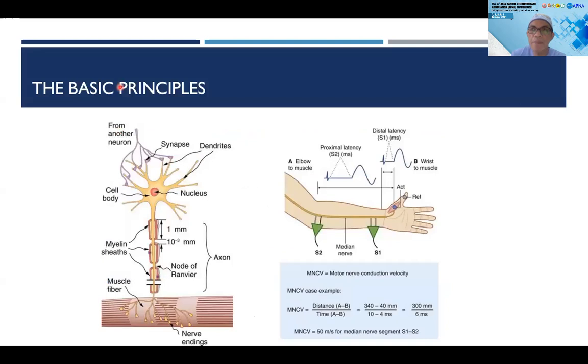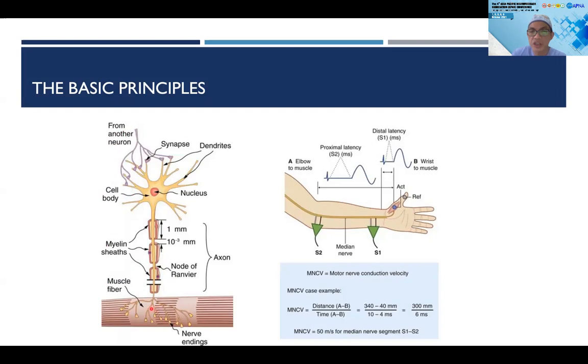This is the basic principle of ENMG or electrodiagnostic study. You can imagine this is the nerve, the neuromuscular junction, and this is the muscle. If you give any stimulus in the nerve, there will be an action potential recorded in the muscle.